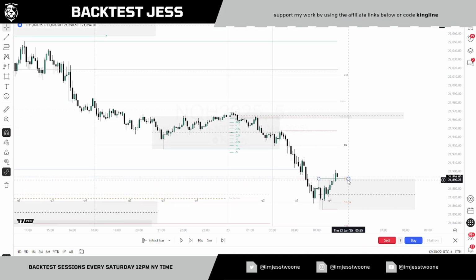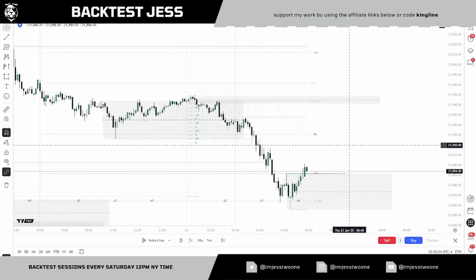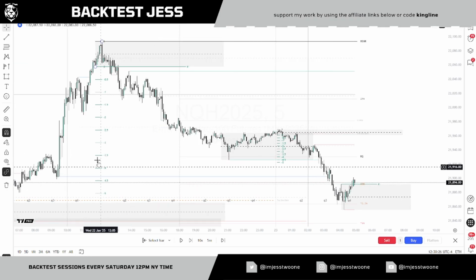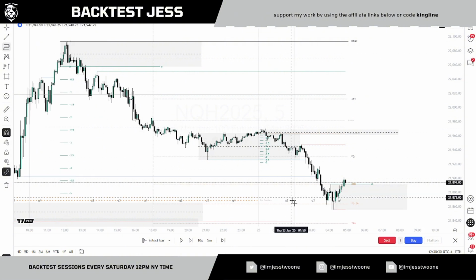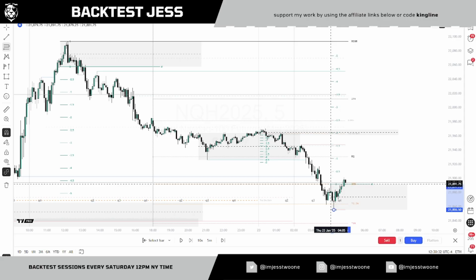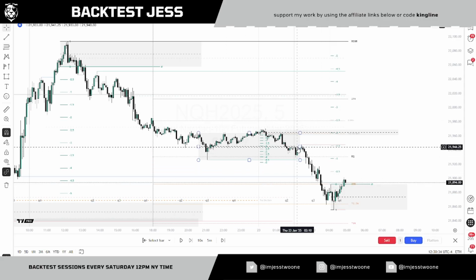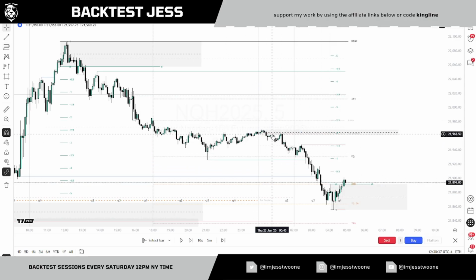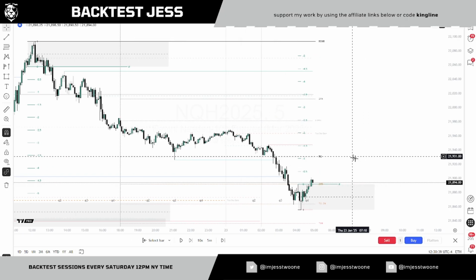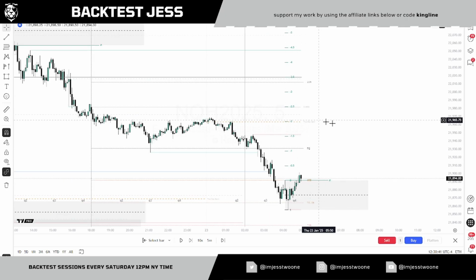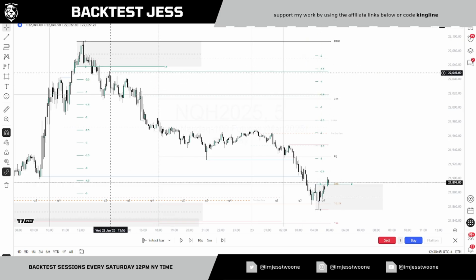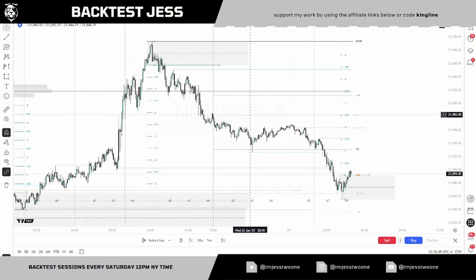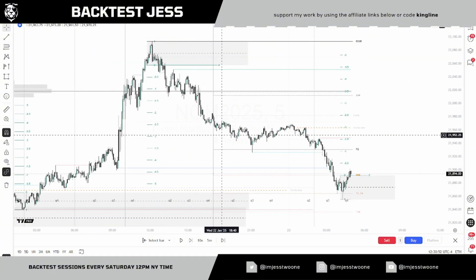Happening again where we wanted to see it, 0.705 OTE, after exhausting 5 deviations. We draw our manipulation up. I'll delete this guy here. 2 deviations brings us to midnight. 4 to 4.5 brings us to PM session high. PM session low is there.